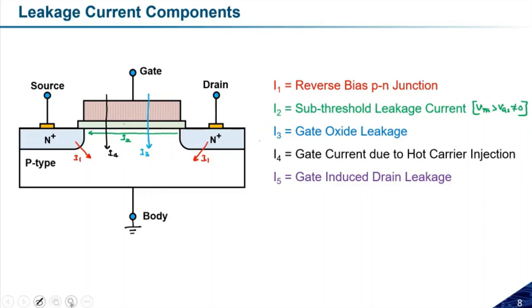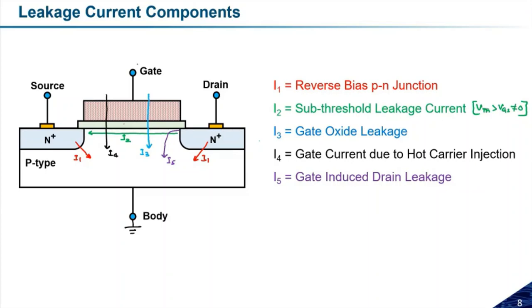We are calling it the gate induced drain leakage current. Let us assume some channel is formed at this point. This current we are calling I5, the gate induced drain leakage current. Let me repeat it again. The gate induced drain leakage current will flow if a large negative gate bias is applied.